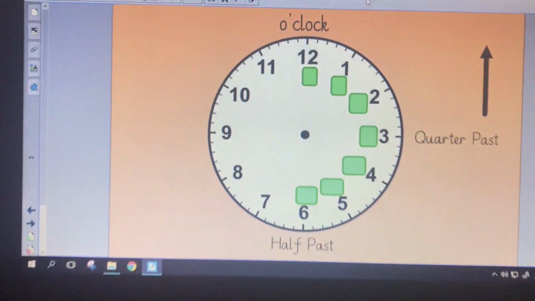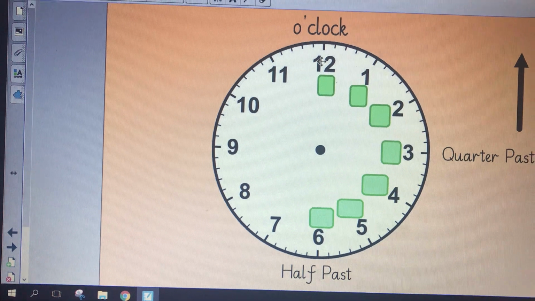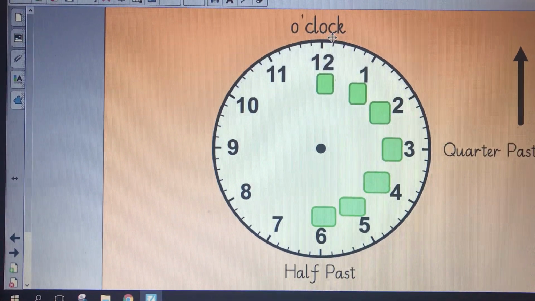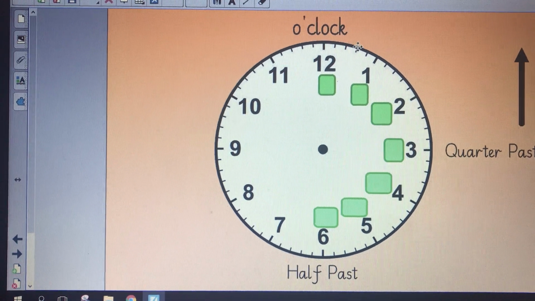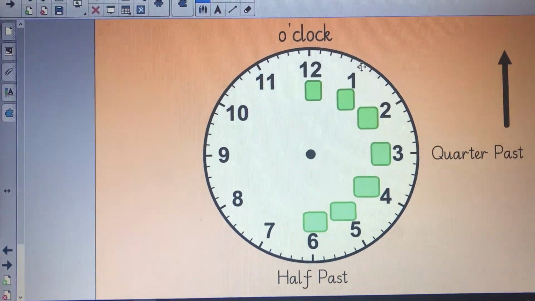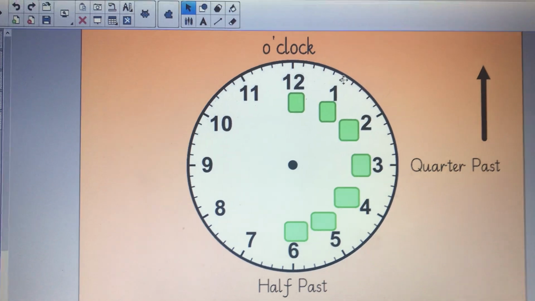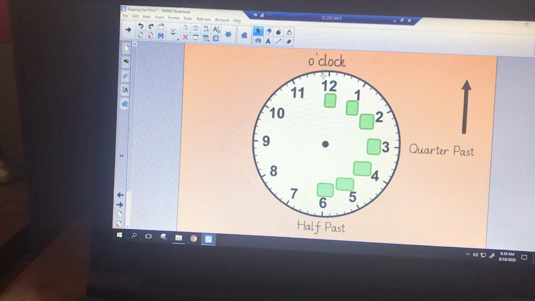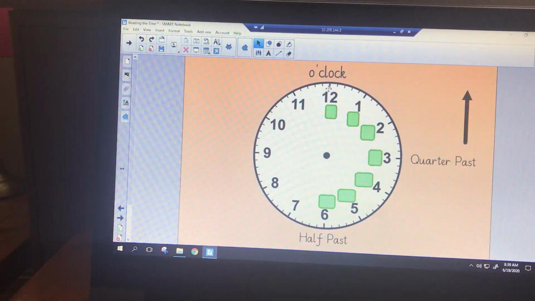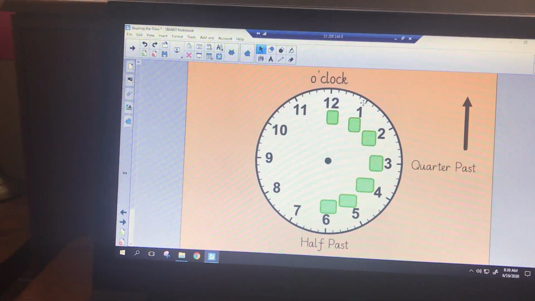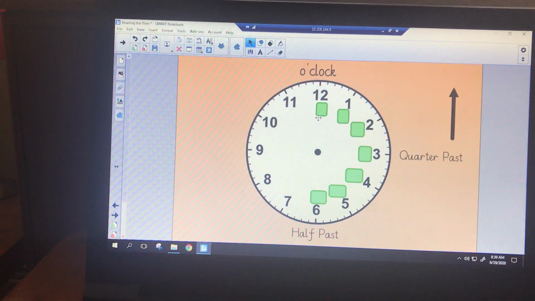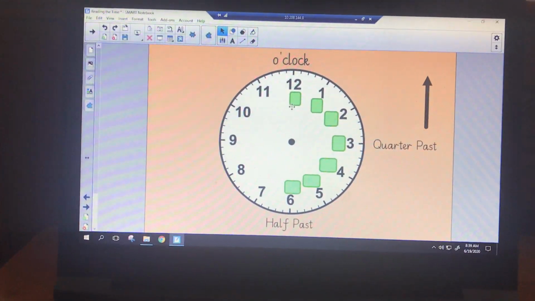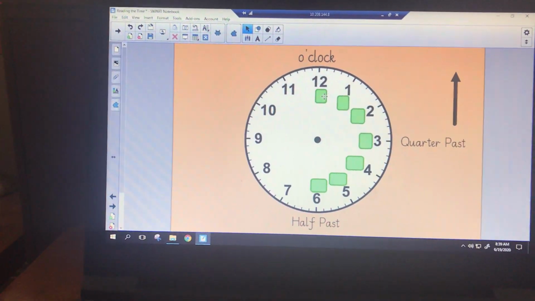If you look very closely, you can see that in between the 12 and the 1, there are 5 little black lines. 1, 2, 3, 4, 5. And each of those lines refers to 1 minute. But for the moment, we're going to be looking at these longer black lines that you see next to every one of the numbers. And each one of those long black lines refers to 5 minutes in time.